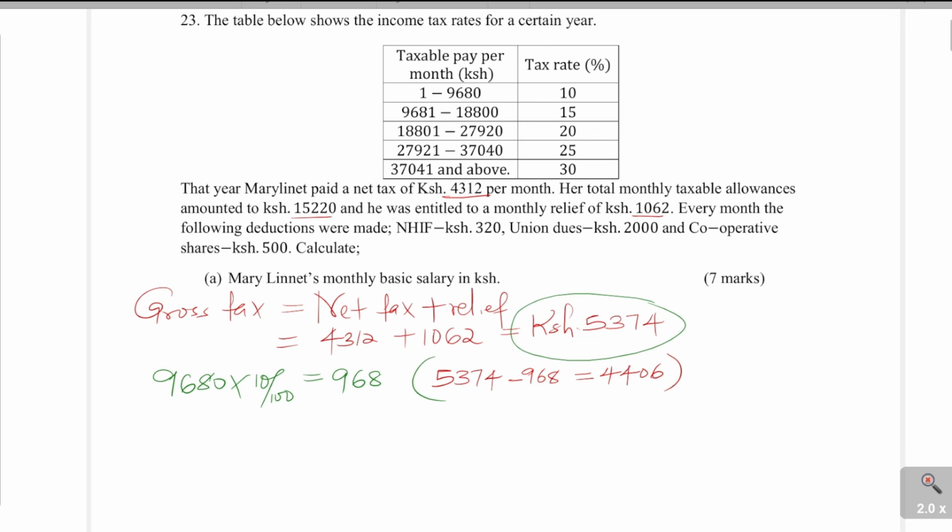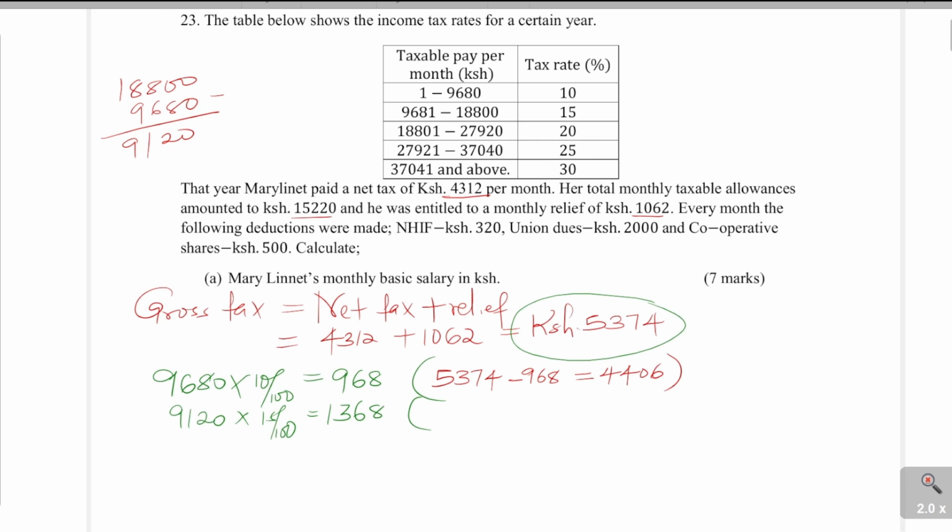Now we proceed to the second slab. The size of the second slab is 18,800 subtract 96.80. That is how you get the size of that slab, and this will give 91.20. So 91.20 times 15% will give a tax of 1368.